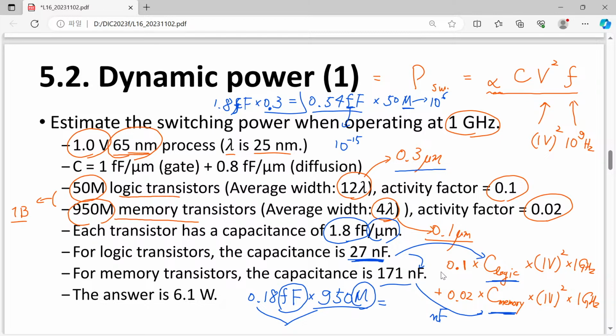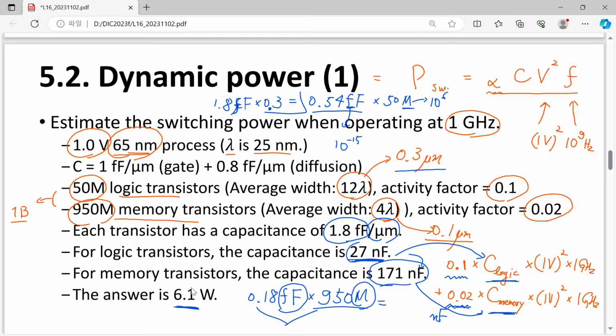However, another consideration is that logic transistors are more frequently switched on and off, so they have a higher activity factor than memory transistors, like 0.02. So although we have higher capacitance, due to the relatively lower activity factor, their contributions are more or less similar, really comparable.